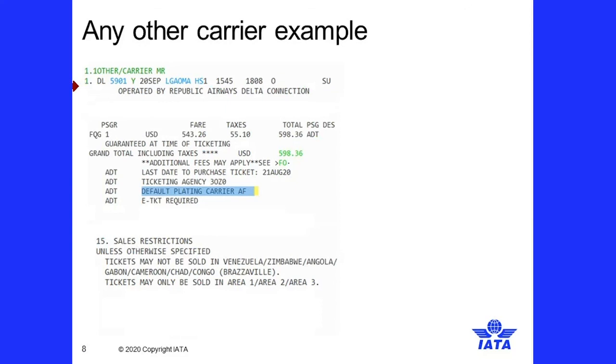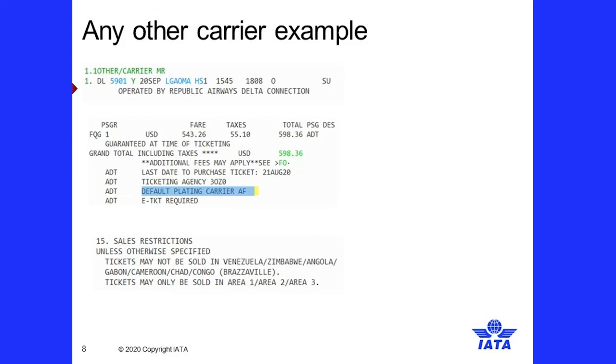And as you can see, actually, in the sale restrictions, it is only the countries mentioned that cannot be used for ticket issuance. But it doesn't say that this fare cannot be priced on American Airlines. By the default, now it's set up on Air France because it's pre-agreed between Delta and Air France that Air France will be the issuing carrier for all Delta fares and Delta flights.